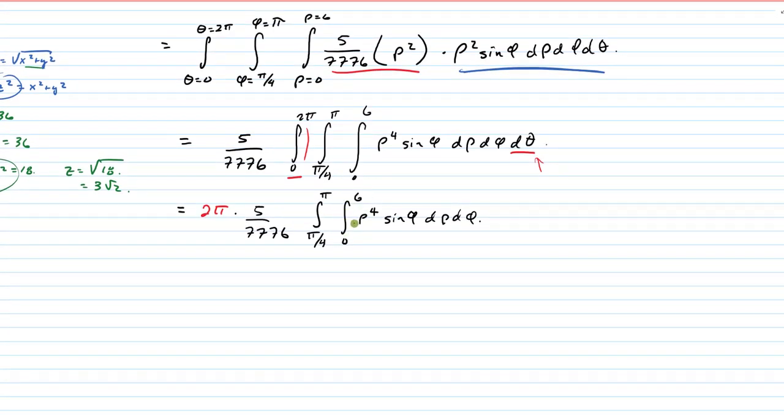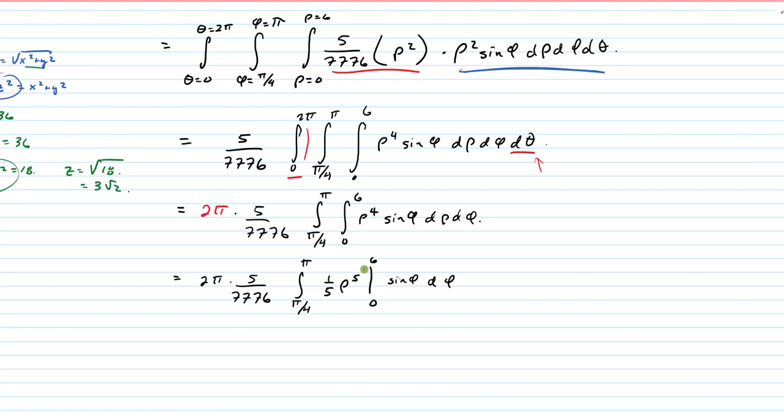Now if I integrate this with respect to rho, I end up with 2 pi times 5 over 7,776, integral from pi over 4 to pi. This is going to be 1/5 rho to the 5th, evaluated from rho equals 0 to rho equals 6, the sine of phi d phi.